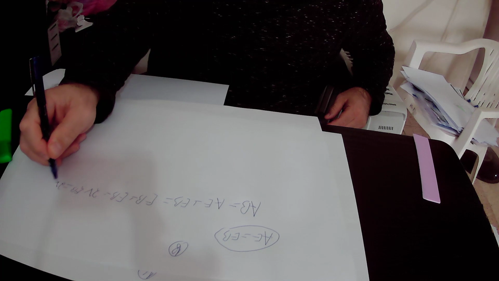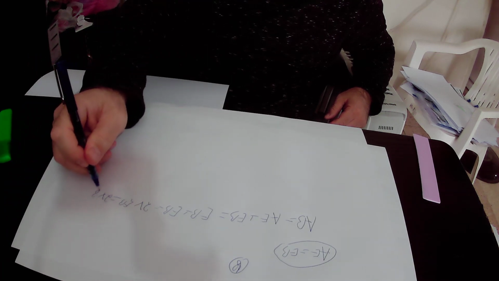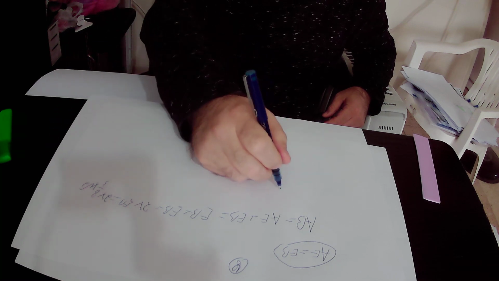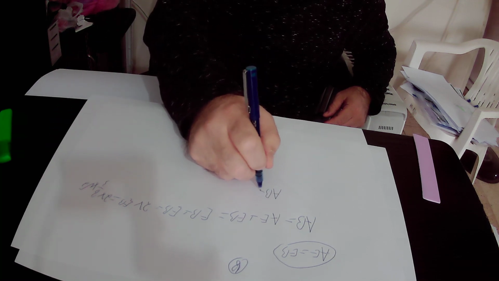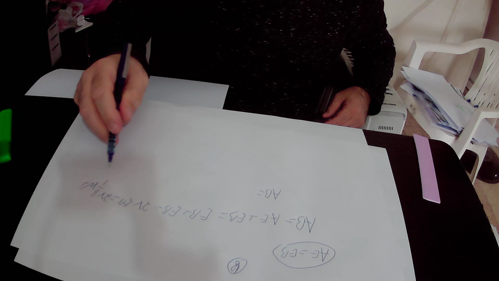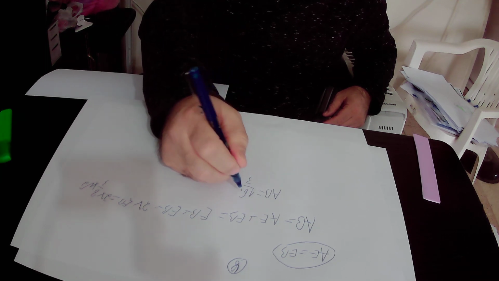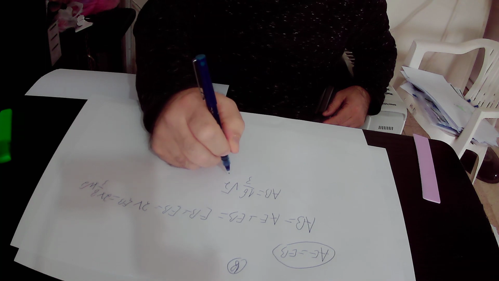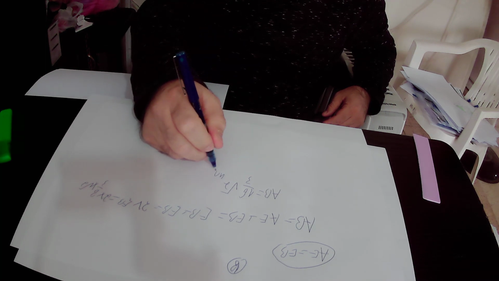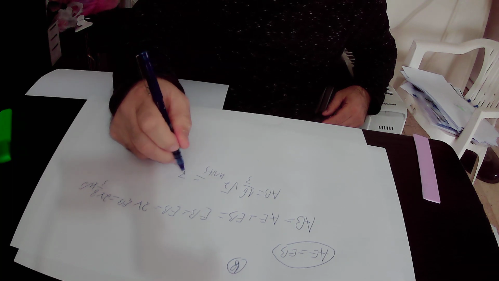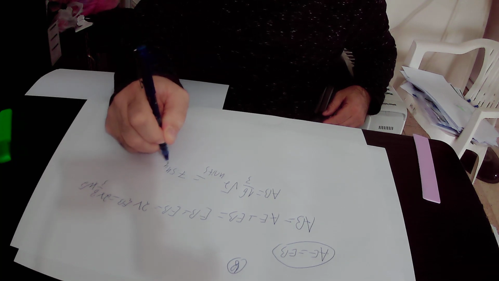But we have already found out that EB equals 8 over 3 times square root of 2 units. So in total we found out that AB equals 2 times 8, which is 16, over 3 times square root of 2 units. Or in terms of numbers, AB equals 7.54 units.